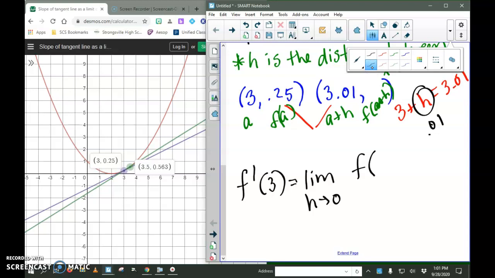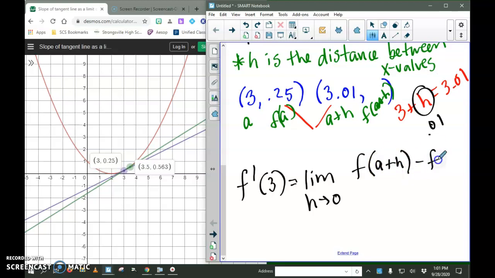All right, so I'm finding the limit as the distance between my x's becomes smaller and smaller and smaller, heads to 0, of my difference quotient, y2 minus y1 divided by x2 minus x1. Okay?